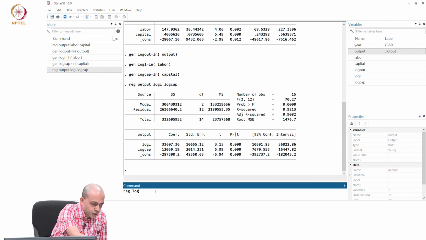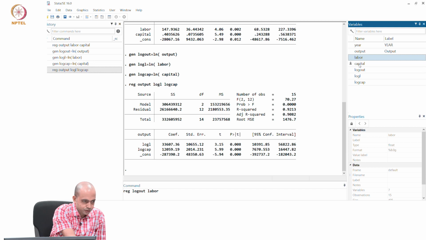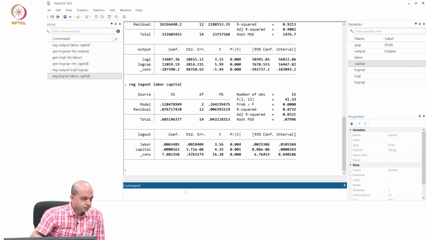So, this log output is named as this, and then I will simply take labor and capital. This is the model.